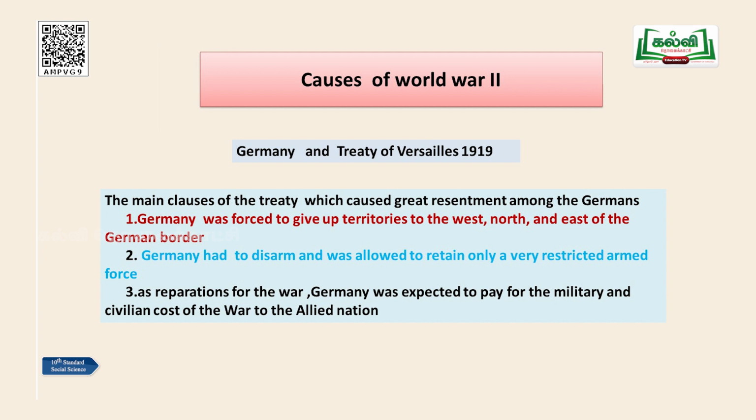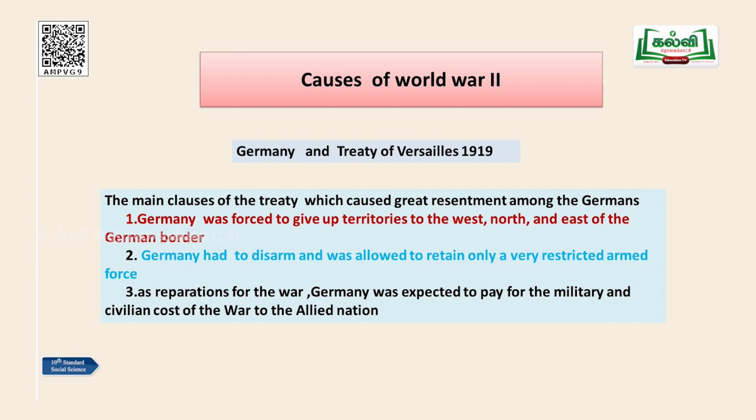Second one, Germany had to disarm. Germany was not permitted to modify or equip their army, and was not allowed to retain a very big armed force. They were permitted to have only 1 lakh men in their armed force.